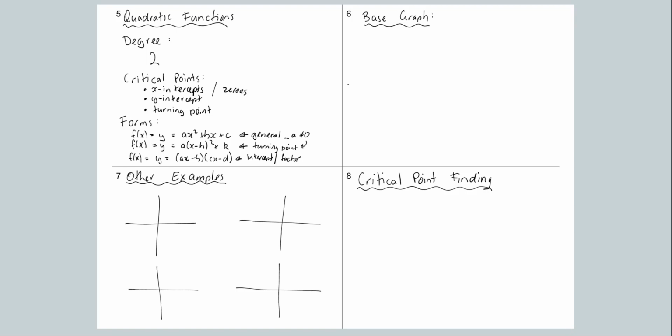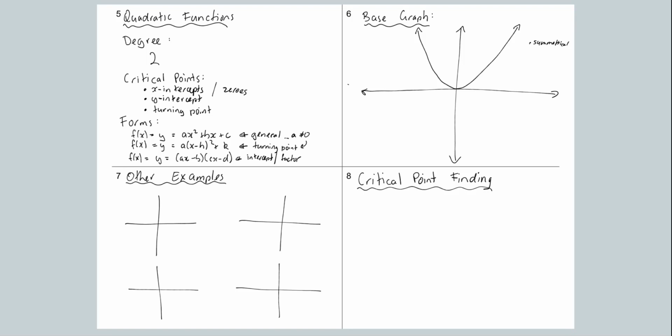Okay. Base graph. I'm just going to do this really roughly because I'm pretty confident most of you, if not all of you, already know this. The base graph, it's an art form drawing under the best of circumstances, to be honest, but the base graph is a parabola shape. It is symmetrical.